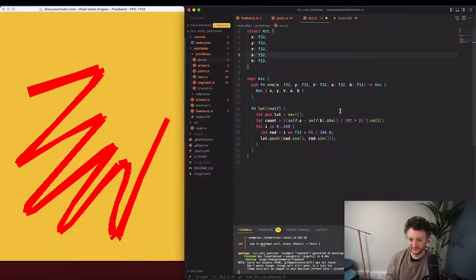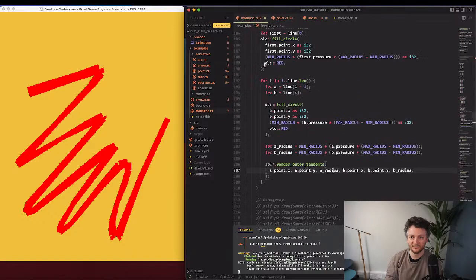If the arc was like a half circle, then it would be 0.5. And then I want this to be times 32. So if it is a full circle, then I want 32 points around the edge. If it's half, then I want 16, etc.